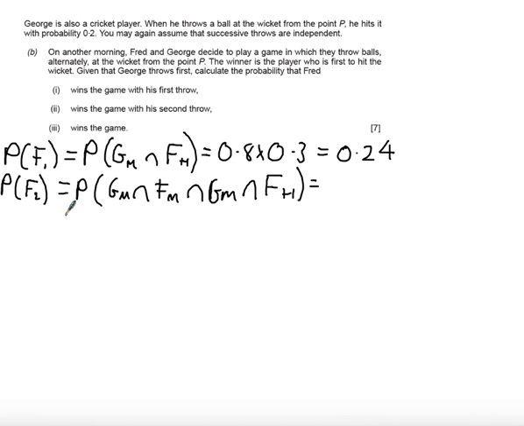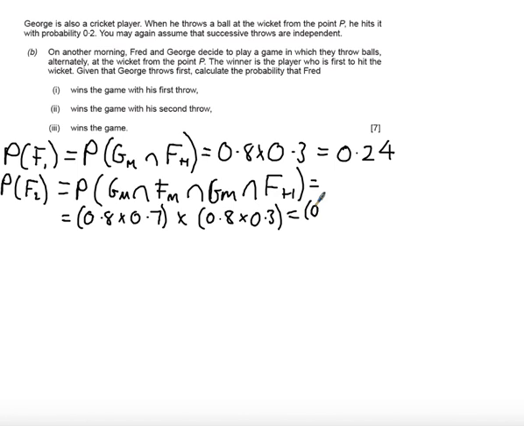Now if you think of this in kind of like rounds, as in pairs of throws, first of all we've got George missing and Fred missing. That's going to be 0.8 times 0.7. And then you've got George missing and Fred hitting, which we already know is 0.8 times 0.3. I'm just going to simplify that a little further, and you won't know why at the moment, but it's going to help us a little bit later on.